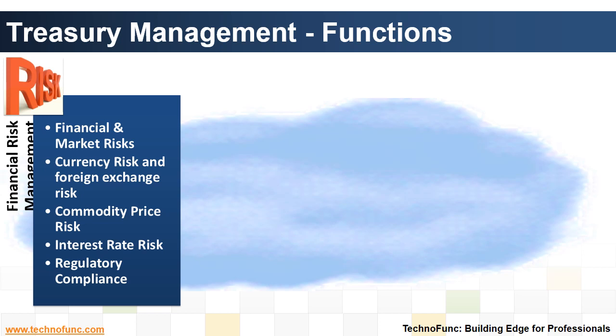This is necessary to keep business margins insulated from market volatility. This is aimed at planning, controlling, and monitoring the market risk a company is exposed to. This also takes care of managing regulatory compliance related aspects.